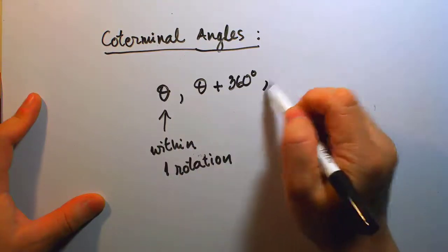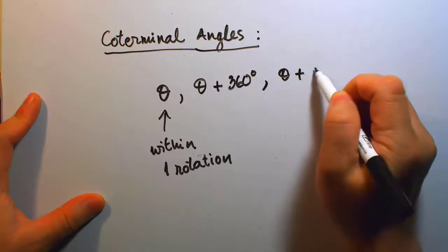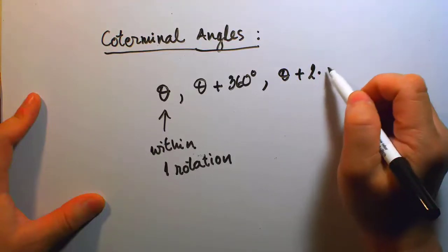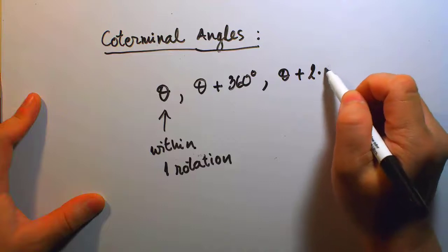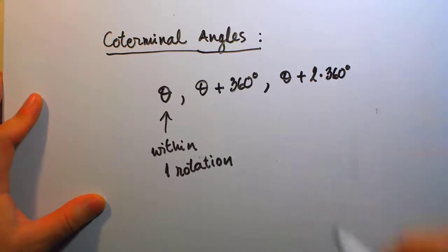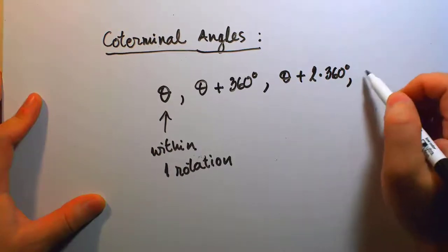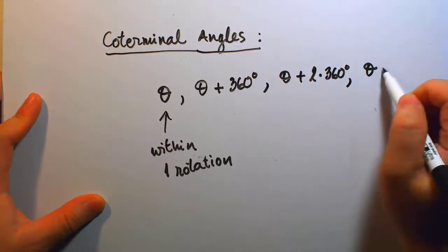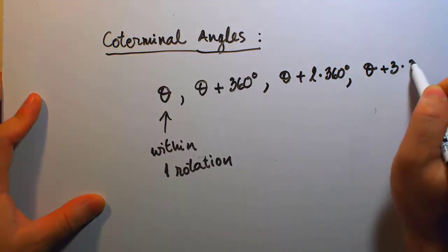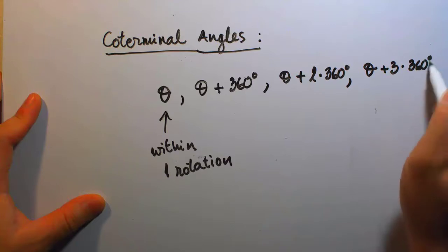And then we can have theta plus 2 rotations, so measurement-wise, it's 2 times 360. And then we can make another theta plus 3 times the complete cycle, and so on.